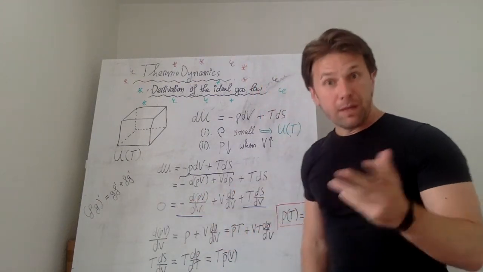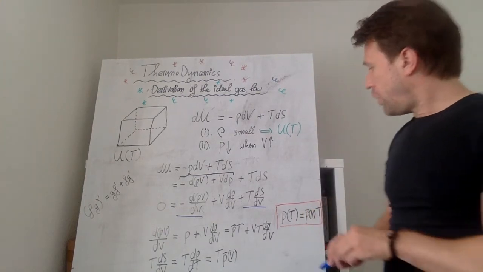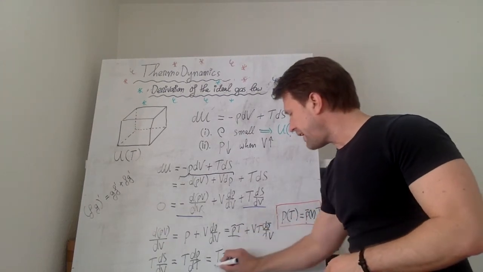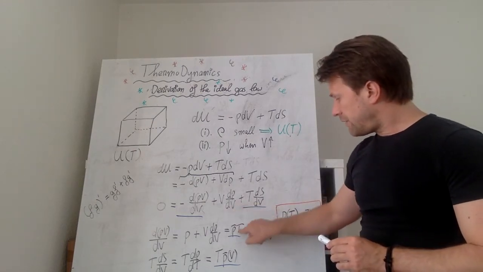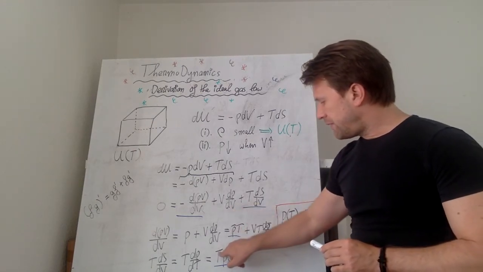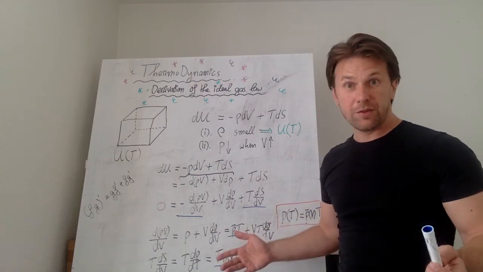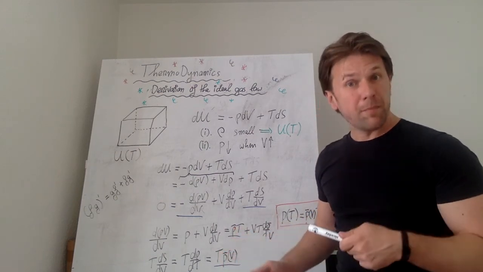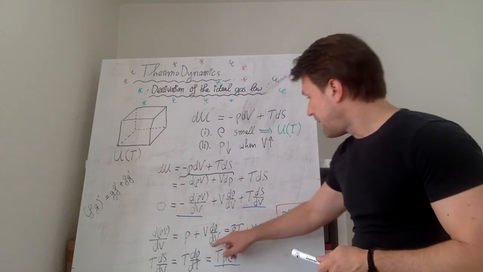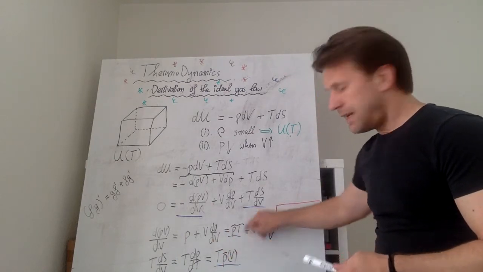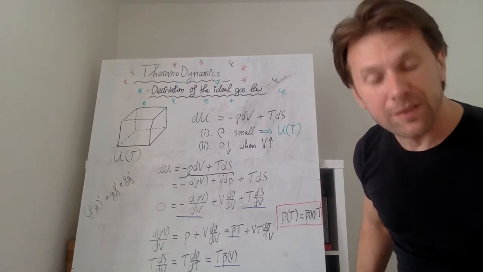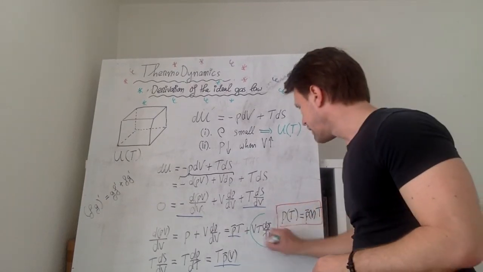Okay, now let's do the comparison. Note that this part and that part are the same. This number, whatever it is, is just T times P bar, but this is also T times P bar, so this is the same number. So if my claim is correct that this is smaller than that, it just means that this must be a negative number. And it is. Let me show you why.